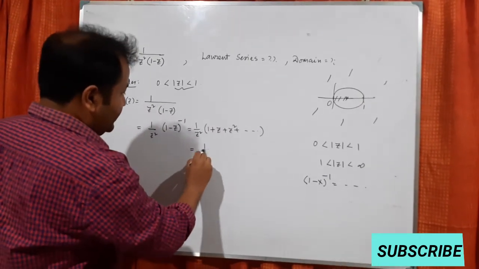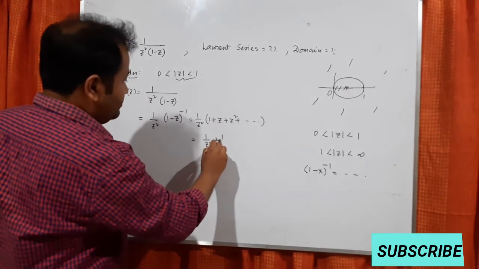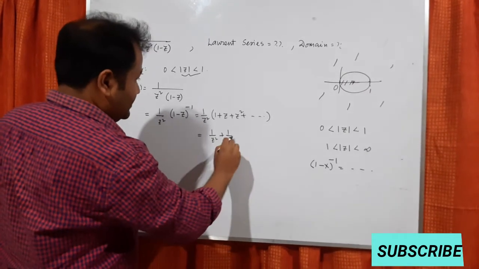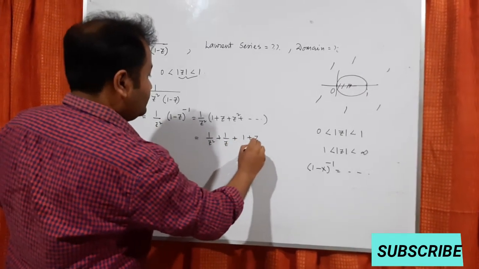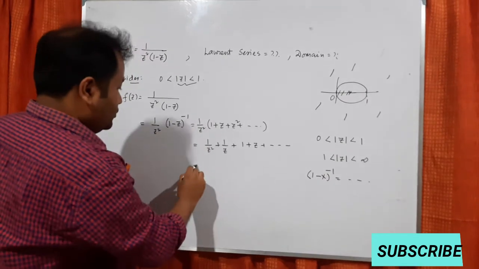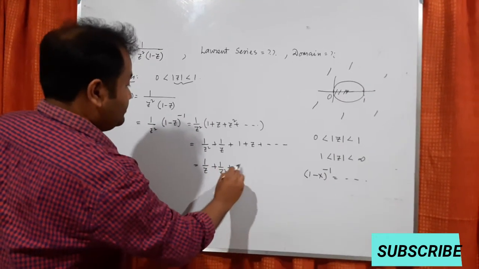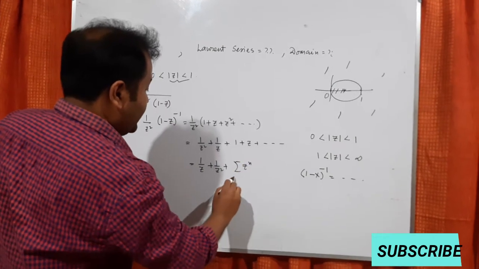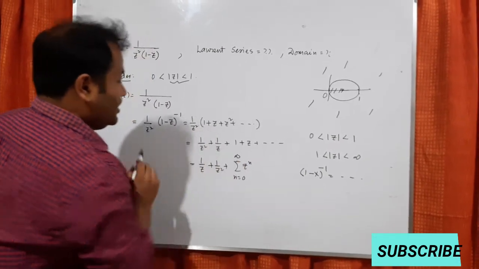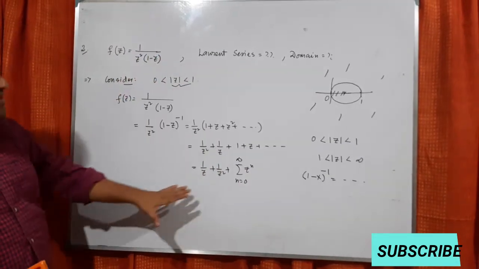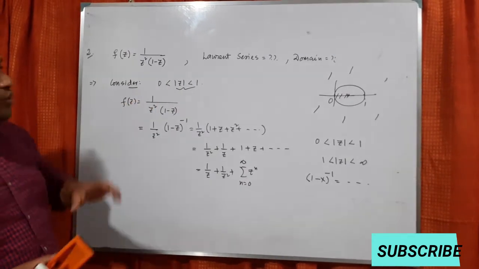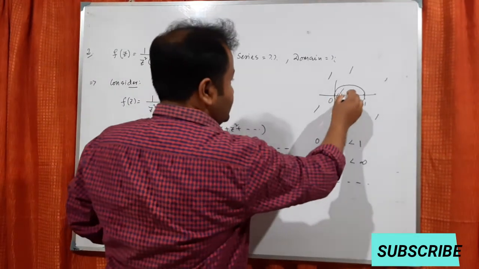So it should be basically 1 by z square plus 1 by z plus 1 plus z. So I can write 1 by z plus 1 by z square plus summation z to the power n, n equals 0 to infinity. So you get this series for the domain 0 to 1.